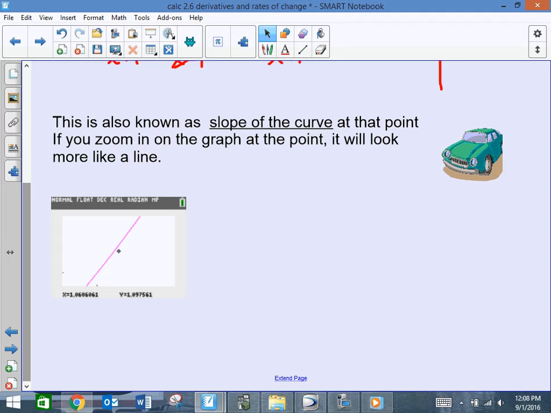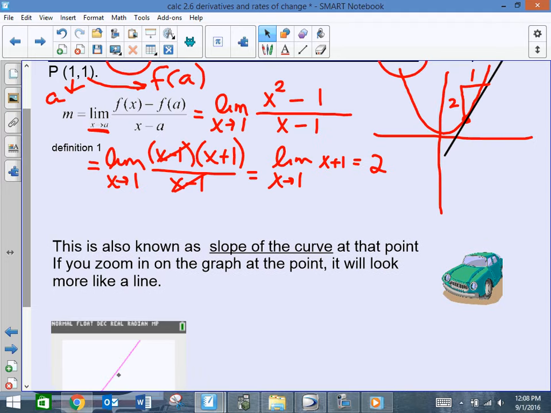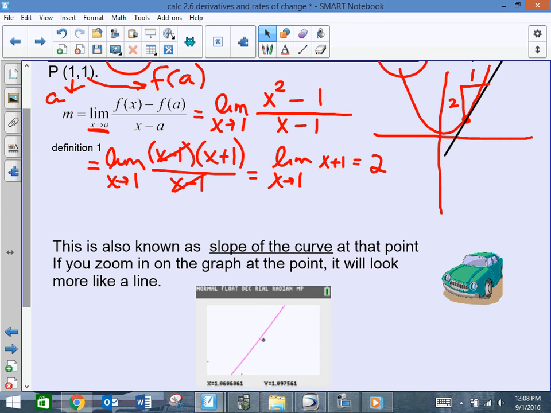This statement says that this right here is also known as the slope of the curve. So the slope of the curve and the slope of the tangent line are going to be one and the same, because if you zoom in close enough, you're going to get a line, okay?